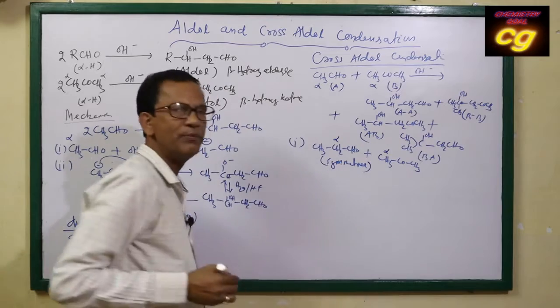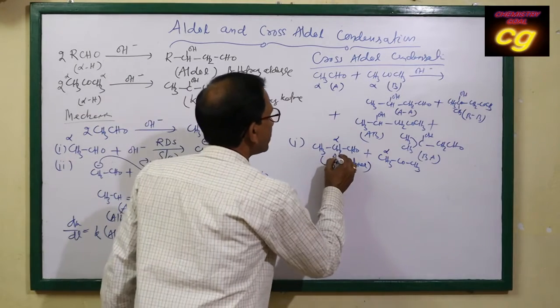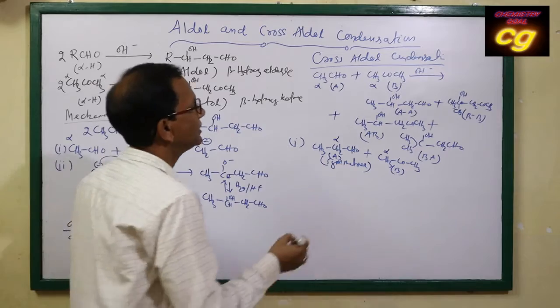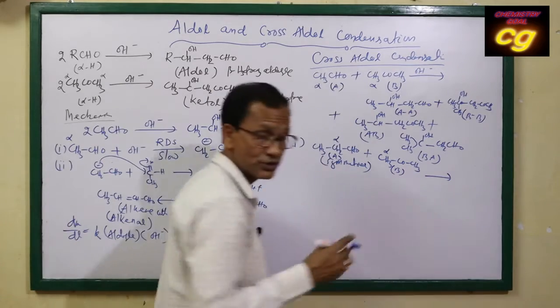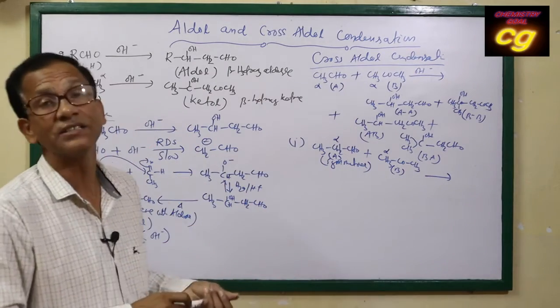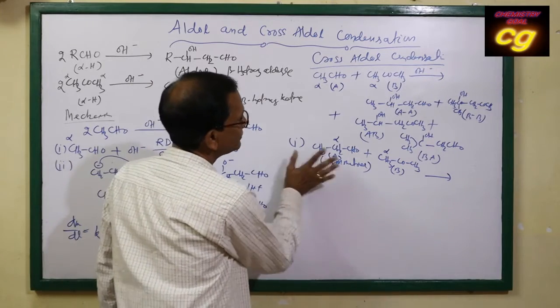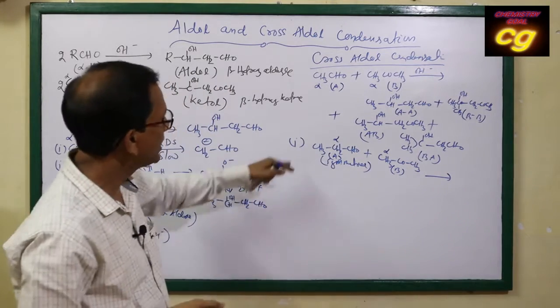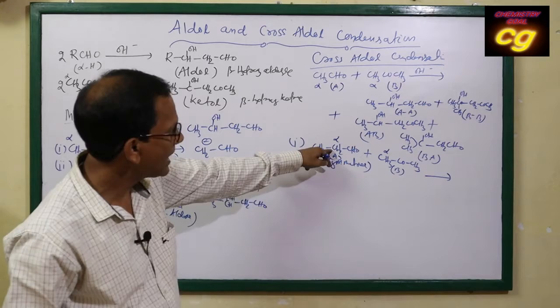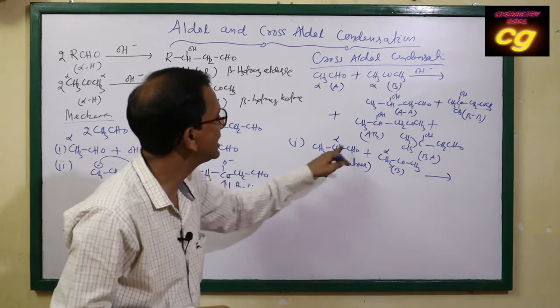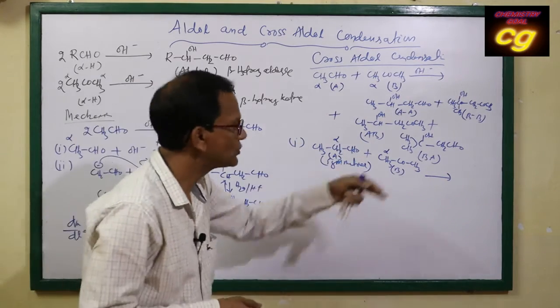If both are symmetrical, suppose this is A and this is B, how many aldol condensation products will form? For self it will be 1 and this will also be 1. So initially the self products will be 2 and the cross products 2.